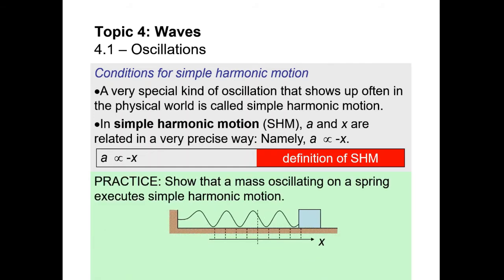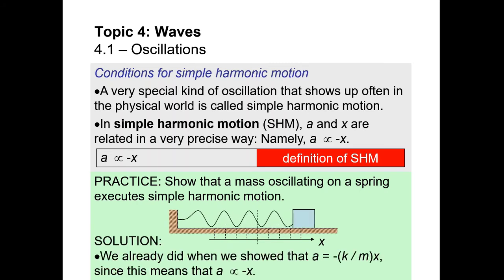This shows that a mass oscillating on a spring executes simple harmonic motion. We already derived a equals minus k over m times x. k is constant, mass is constant, therefore acceleration is proportional to displacement in the opposite direction. So this is definitely simple harmonic motion.